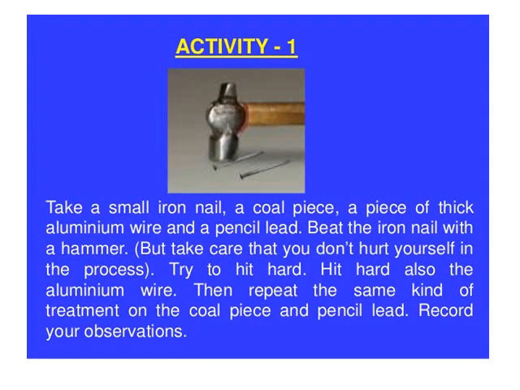Here is an activity that we are going to do, or even you can do it at home. You have to take a small piece of nail, a coal piece, a piece of thick aluminum wire, and a pencil lead. These four things are easily available.